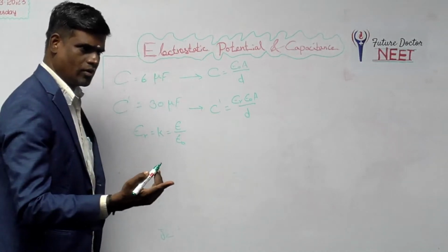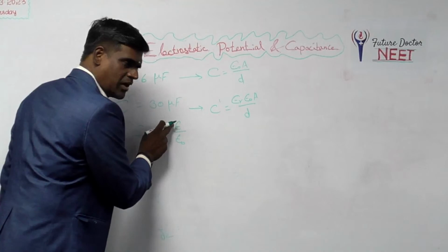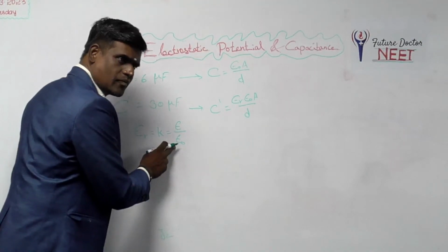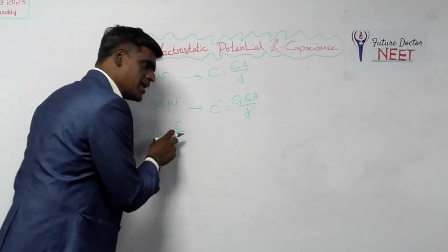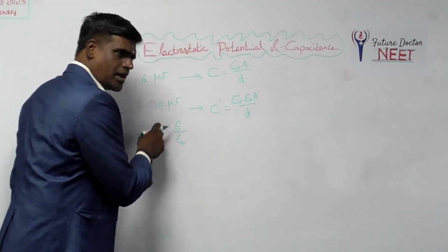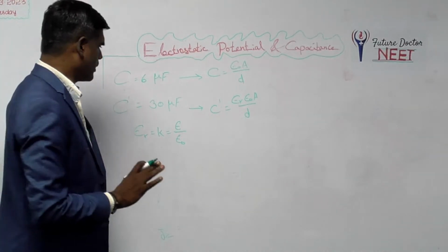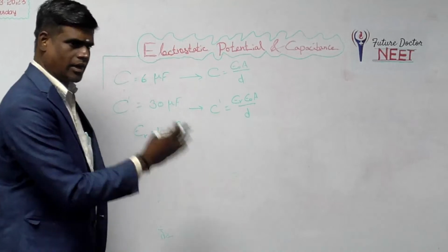Here epsilon is the permittivity of the medium, epsilon naught is the permittivity of free space or vacuum, and epsilon r or K is the dielectric constant or relative permittivity. Here you want to find this one. Come on, try.